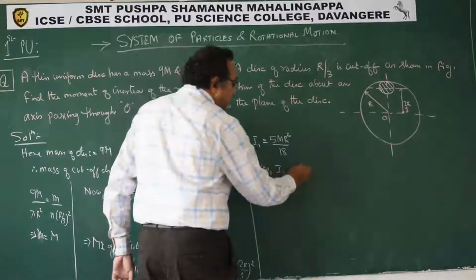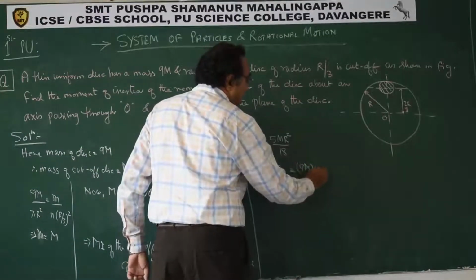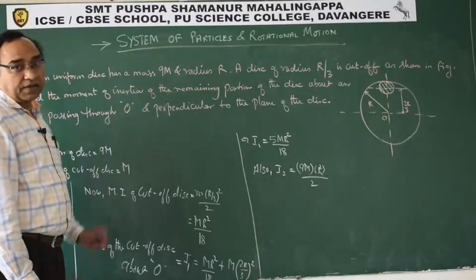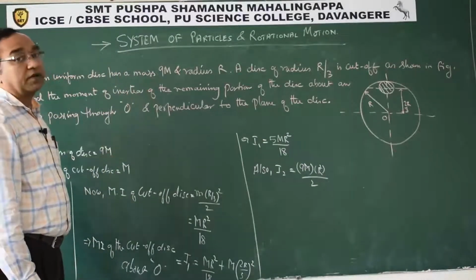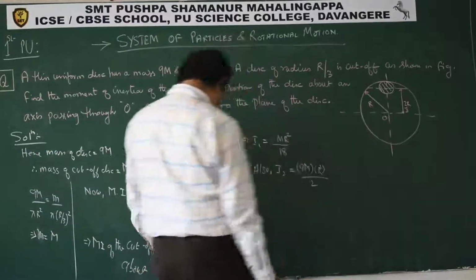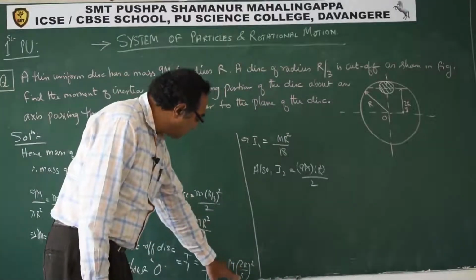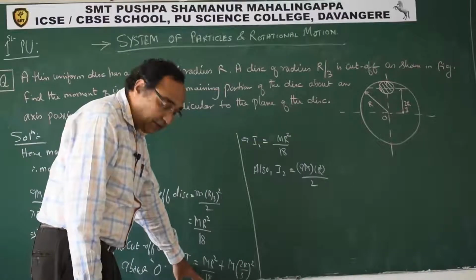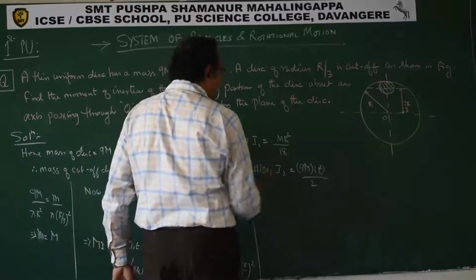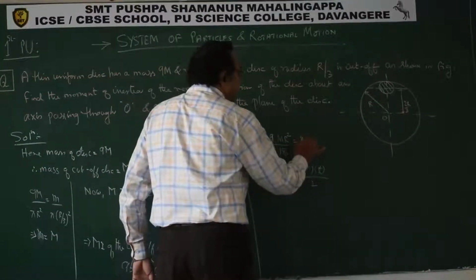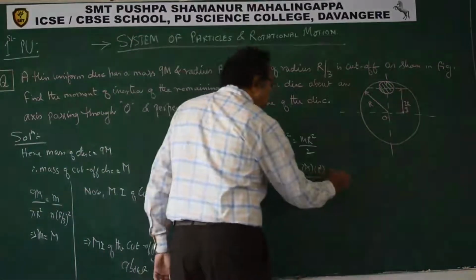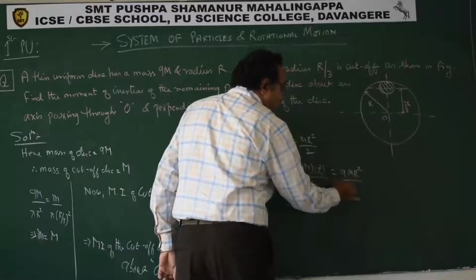So it is 9m r square by 2, because the mass of the disk is 9m. So I2 is 9 mr square by 2.